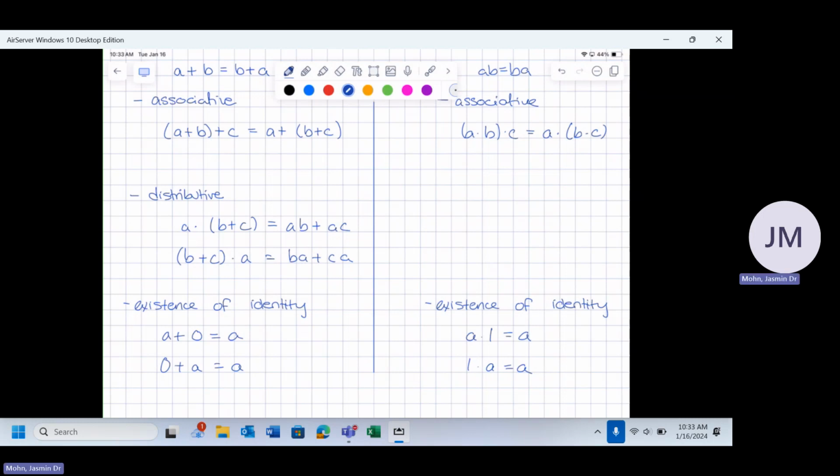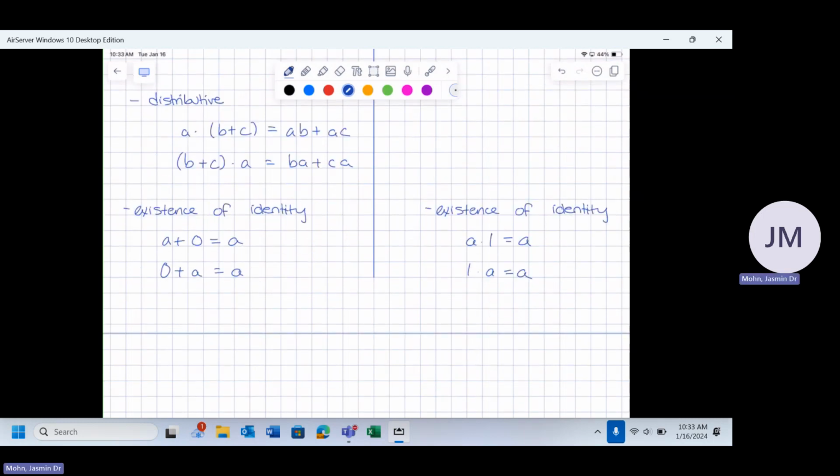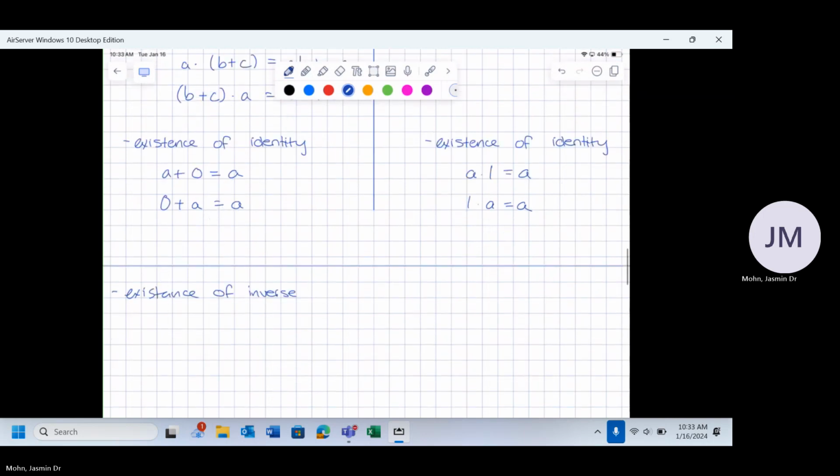One more property. Deals directly with identity. So negative elements, meaning negative and reciprocals, what's another word for those? Inverse. Well, right, so here we know A plus negative A equals 0.